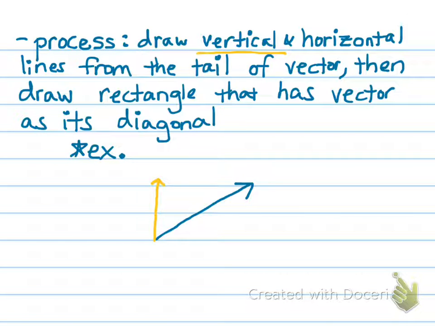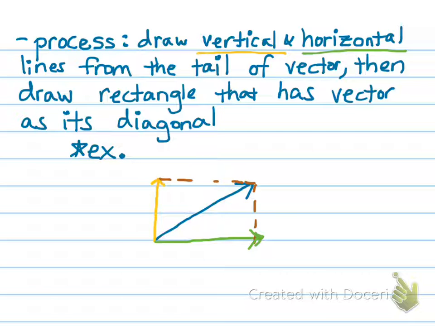I need to draw my horizontal component. Then I'm going to draw a rectangle. So now I'm going to make this into a rectangle. Oftentimes we use dotted lines. And really I should shorten this one up here. I didn't do the greatest job. It should just be that long.